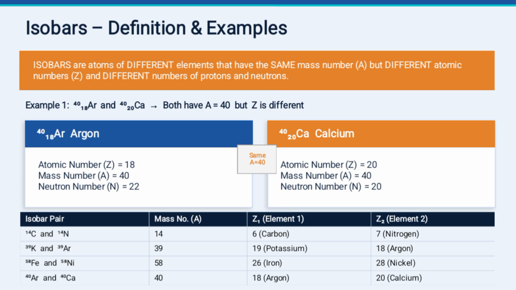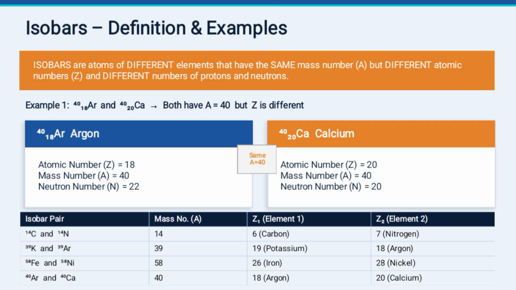Of course, they will have different numbers of protons and neutrons, because the number of protons is the same as the atomic number. And since their proton number is varying, their neutron number will also vary. For instance, 40 minus 18 will give you 22. So argon is 22, while the neutron number of calcium is 20.